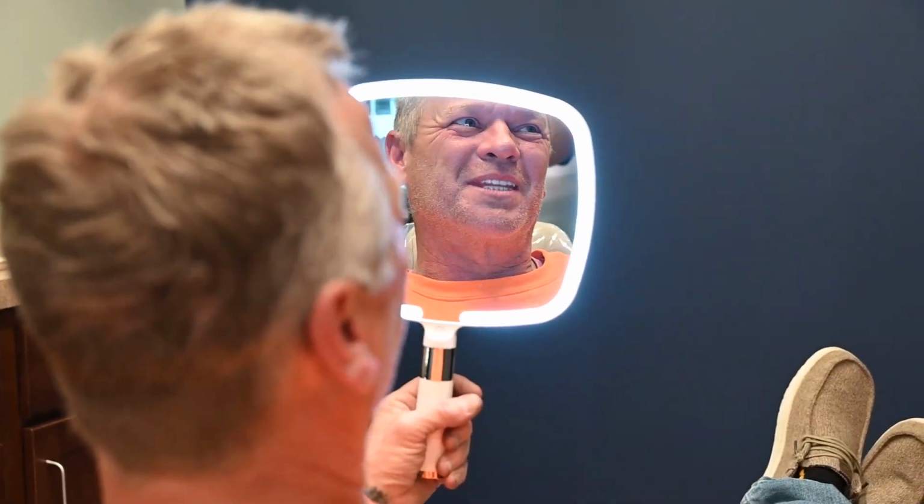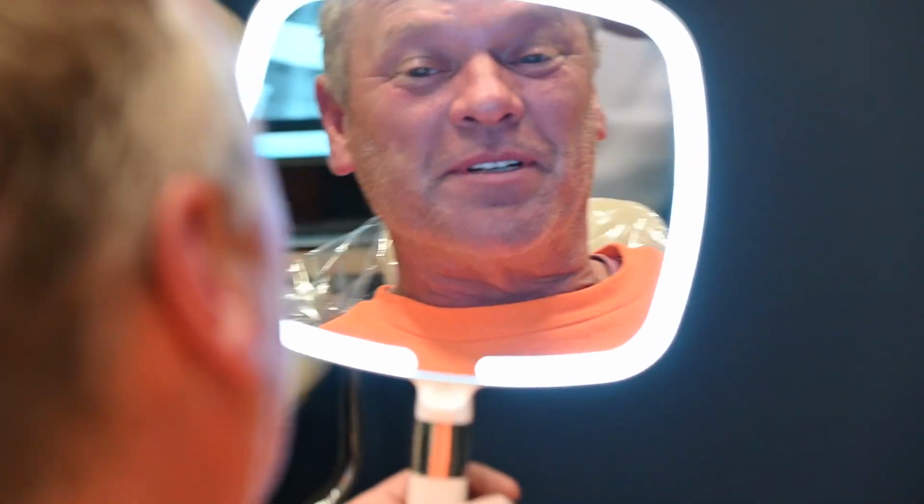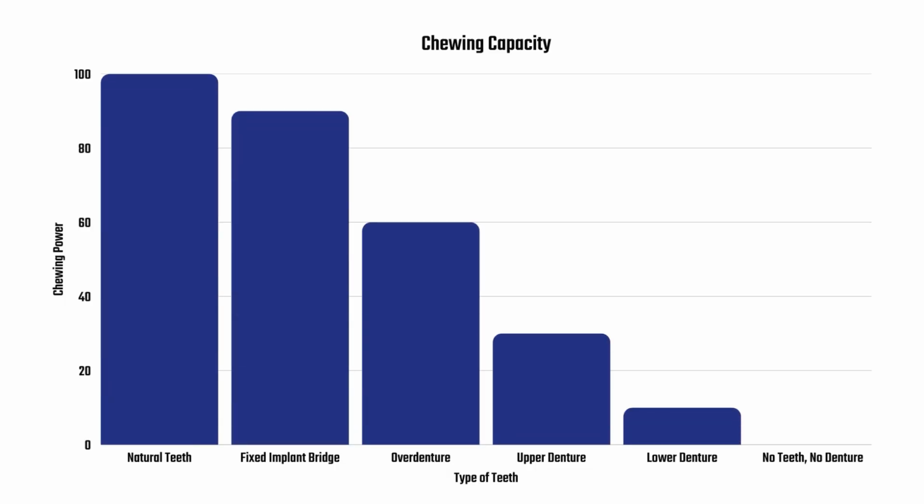This type of prosthesis, we put in the office and screw in here, and the patients will not take it out at home. It will function much better than a regular denture or overdenture, and it can increase the chewing ability up to like 90%. It's a very similar sensation to having fixed real teeth, right? So this will be the best option.